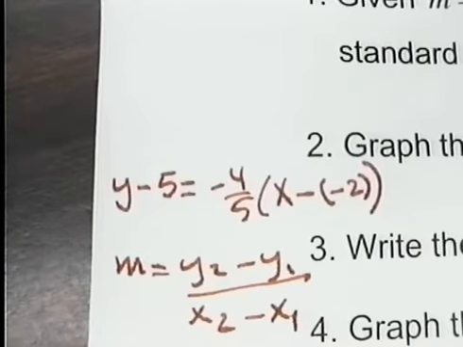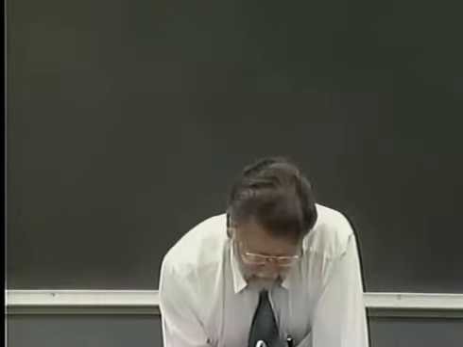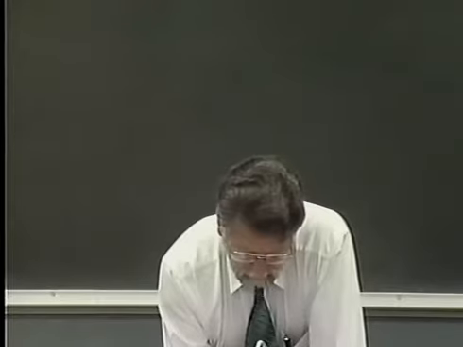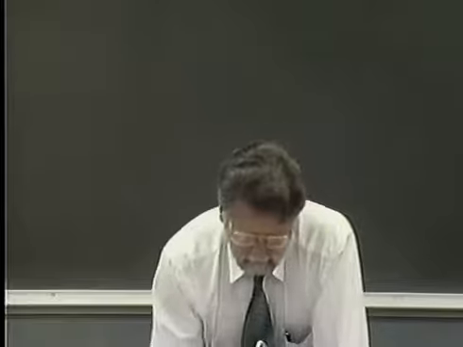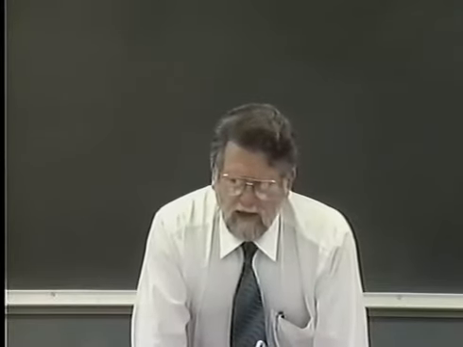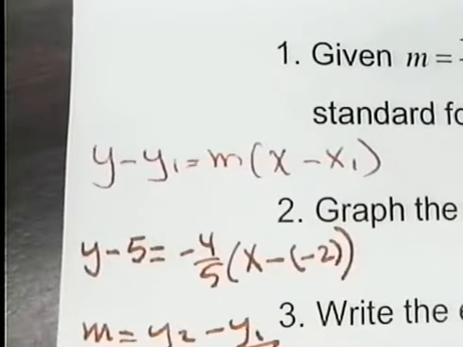I was using the ordered pair -2, 5, with y minus y sub 1 equals m times the quantity x minus x sub 1.